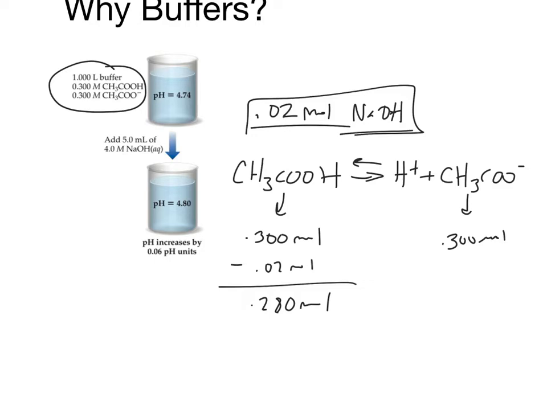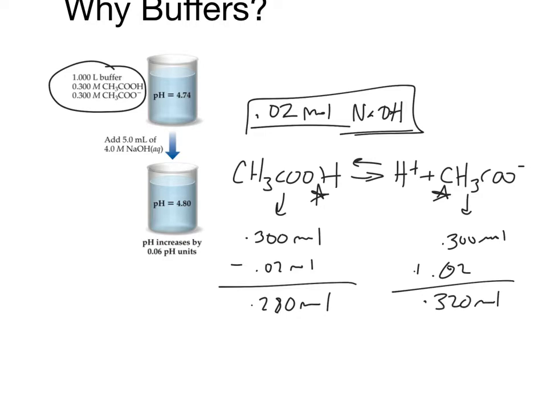But for every mole of this that gets lost, I gain a mole of this. So if this change is minus 0.02 moles, then I gain 0.02 moles, and the plus 0.02 to this side gives me 0.320 moles of my conjugate base.